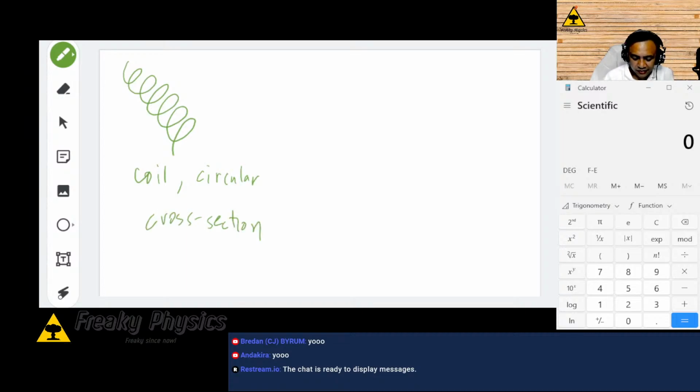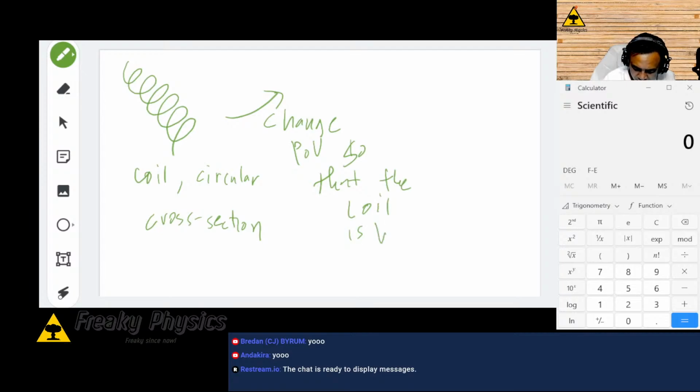And if you change your point of view, so that the coil is horizontal, it's going to look something like that. In case you still cannot visualize that, let me look for something I can turn into a coil easily.